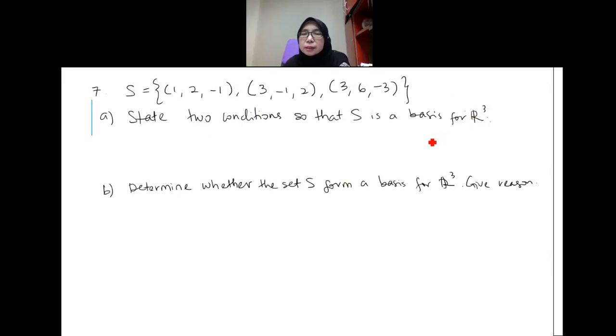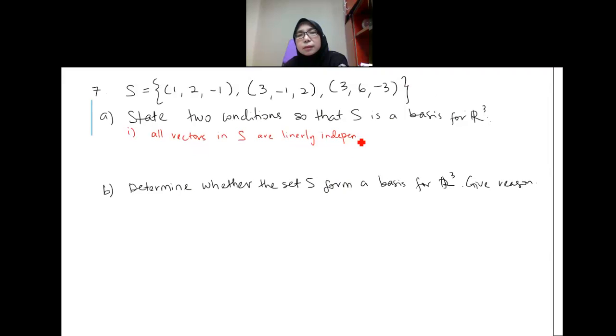I mentioned in question 2 that there are two conditions for a basis. First, all vectors in S, the 3-tuples, are linearly independent.